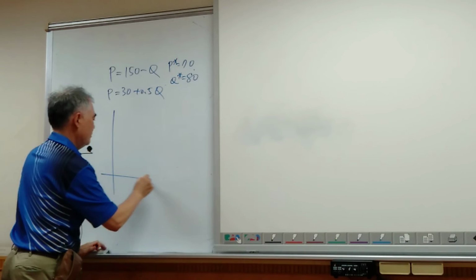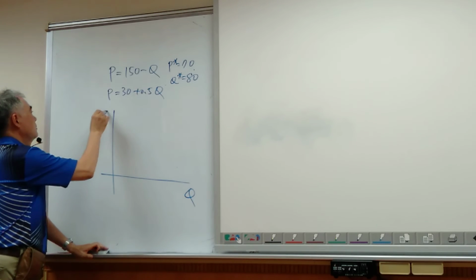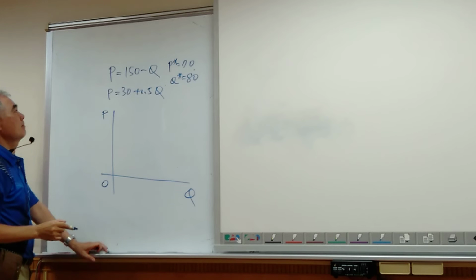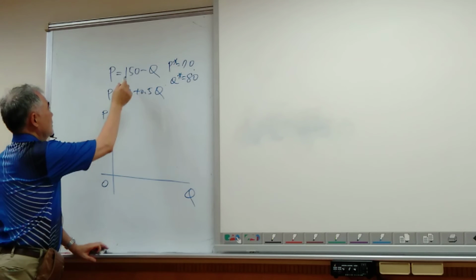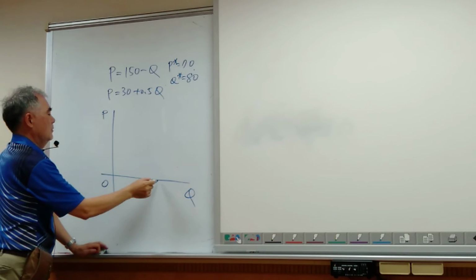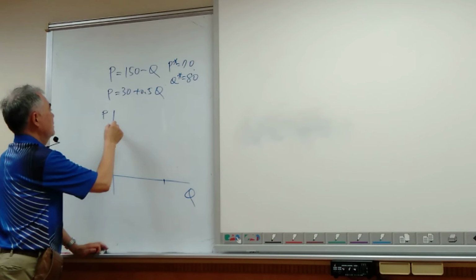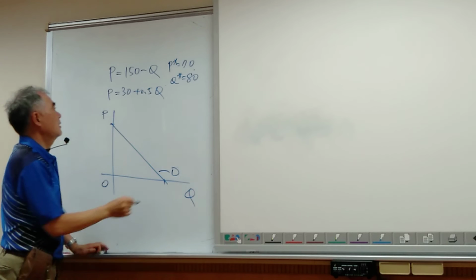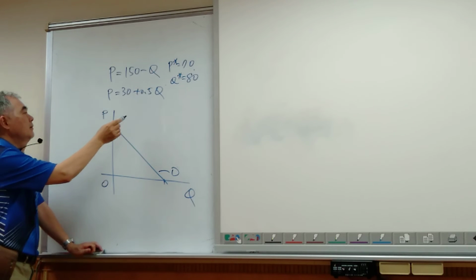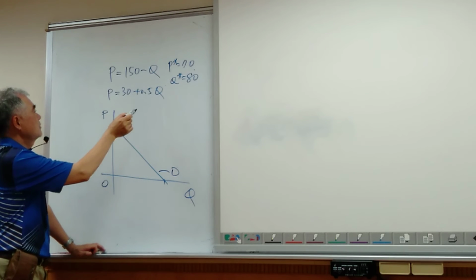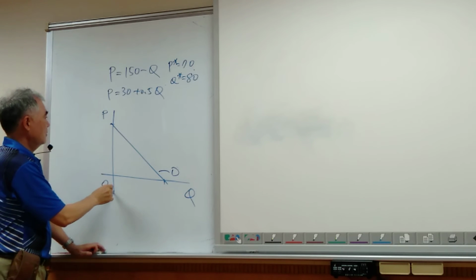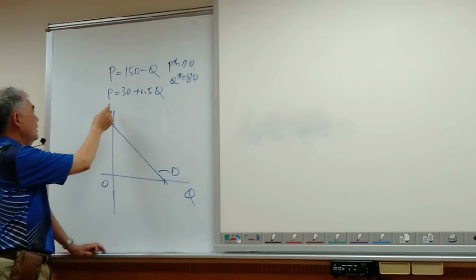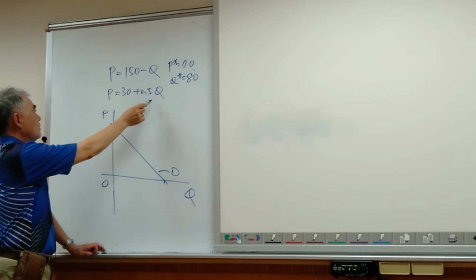So here you have Q and P, and the demand curve, right? You have 150 here, so this is demand. And then supply, so when Q is equal to 0, right?